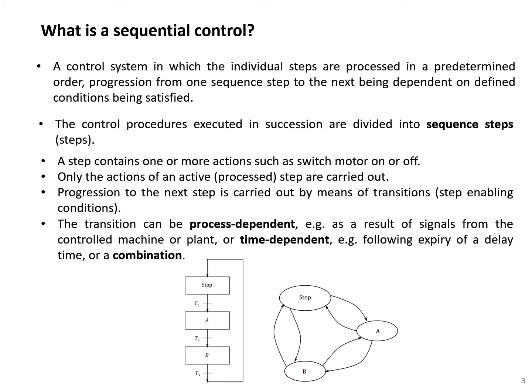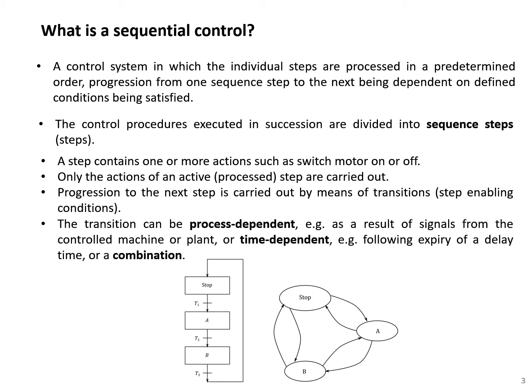So here you could see a flow chart and sequences of the steps, and these are the transition conditions. We could go from one step to another only if the transition condition is valid.